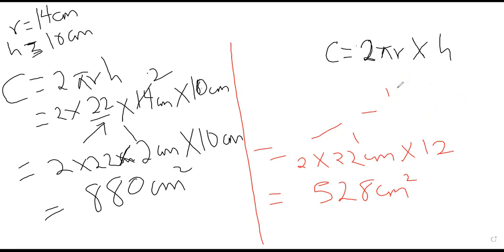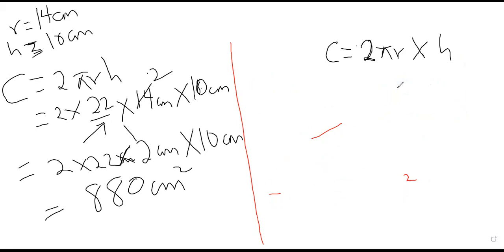How do you calculate the total surface area of the cylinder? The total surface area of the cylinder is given by 2 pi r into brackets r plus h. So T is equal to 2 pi r bracket r plus h.